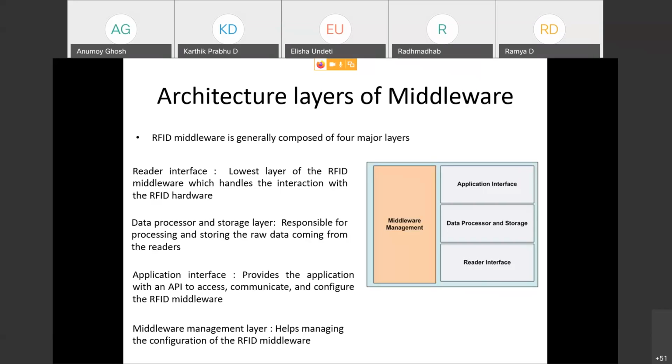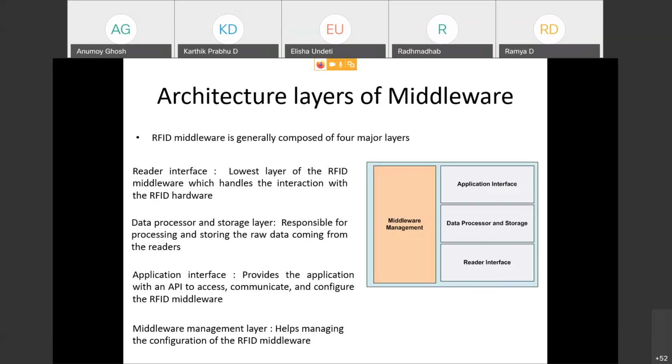The middleware management is comprised of an FPGA circuit, and the basic essence of an FPGA circuit is that I don't have to change the circuit again and again as per the network requirement. I have one circuit. Suppose the circuit is given with the provision of 10 readers to be accommodated. I just need to program the circuit to accommodate readers up to, say, 10 readers.